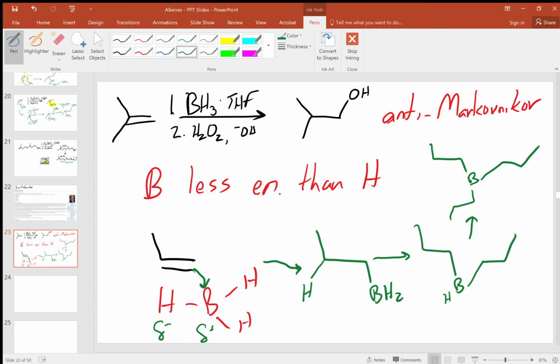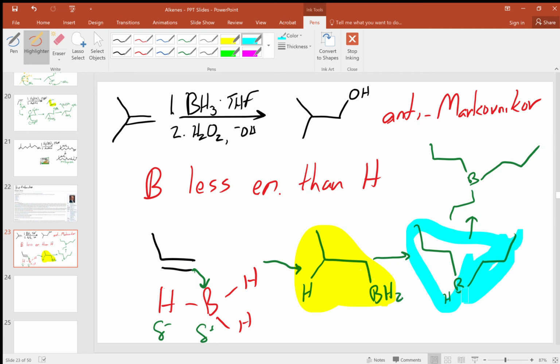So, is there a way to stop this addition at what we would call the monoalkyl borane, which is this structure, or the dialkyl borane? And what those terms mean, monoalkyl borane, so a borane with one carbon group, dialkyl borane, boron with two carbon groups.